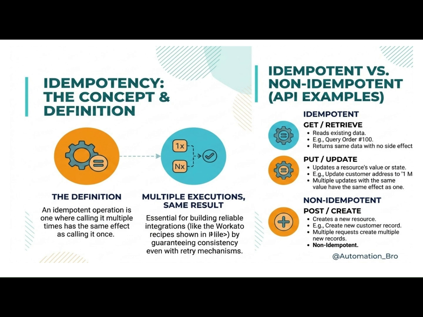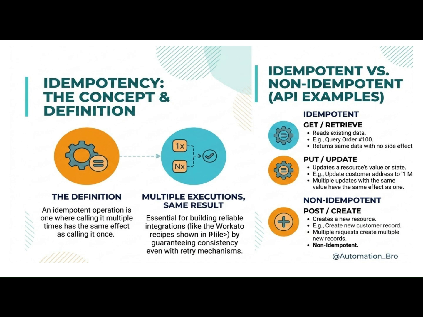Take the example of REST APIs. Idempotency comes into the picture when we use REST API methods. POST is a non-idempotent method. Why? Whenever you create a new record and hit the same REST API endpoint again, it creates a new record with the same data.